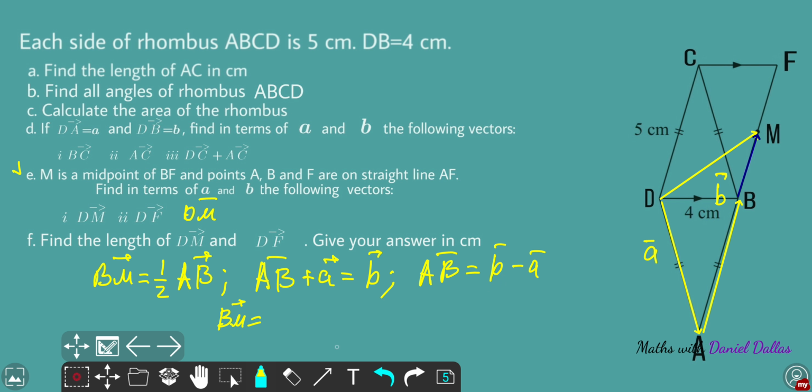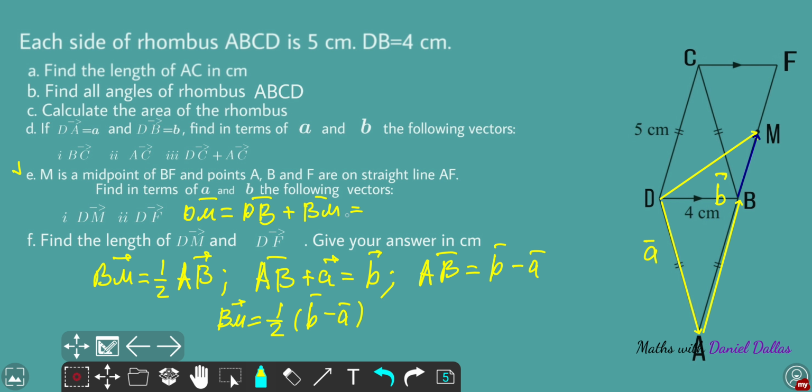So AB is B minus A, so we just plug in B minus A and 1 over 2. And according to the triangle rule again, DB, which is B, plus BM will form our vector DM. So vector DM is going to be equal to vector DB plus vector BM that we recently found.